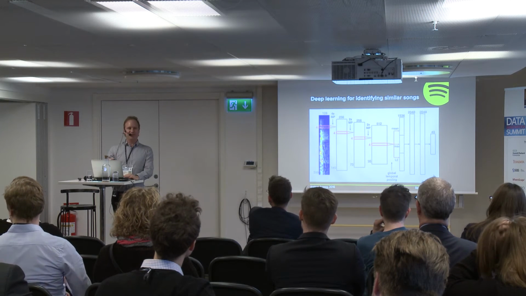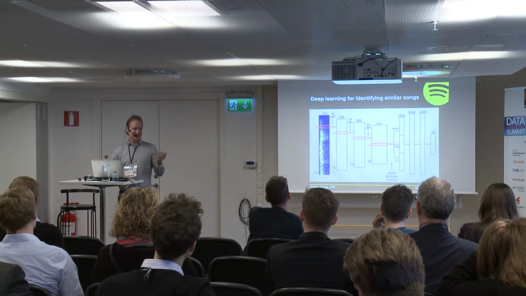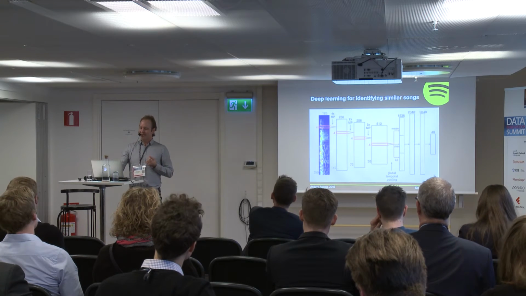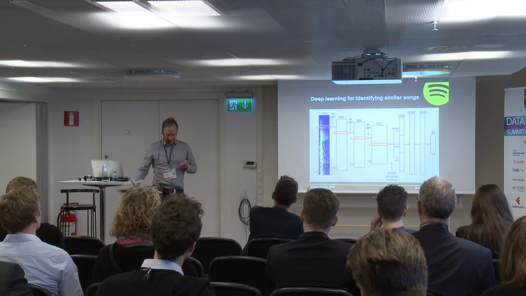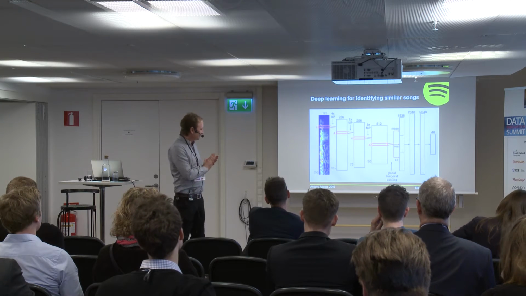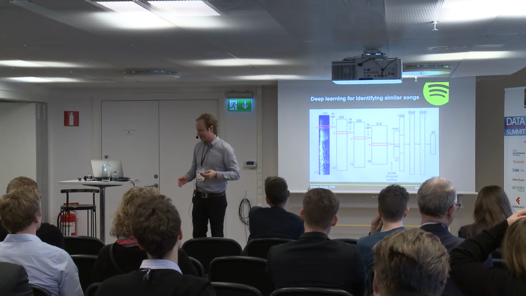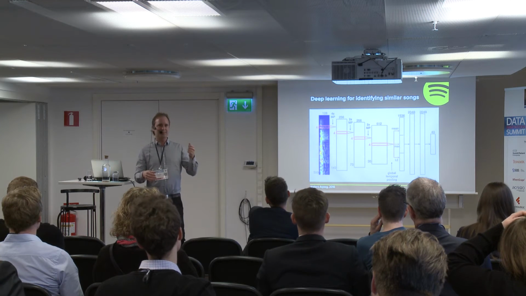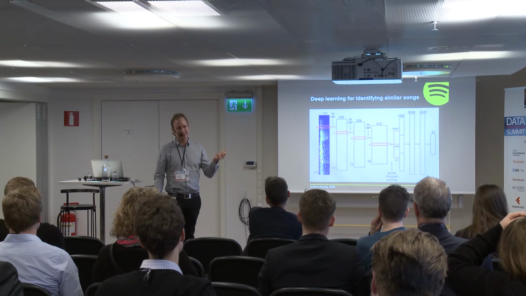I'll very quickly go through the deep learning thing, and then I'll take a couple more minutes on the Spark end-to-end pipeline. So the use case for this one is, when we want to make a recommendation, we basically collect information about all the tracks that have been played at least 500 times.